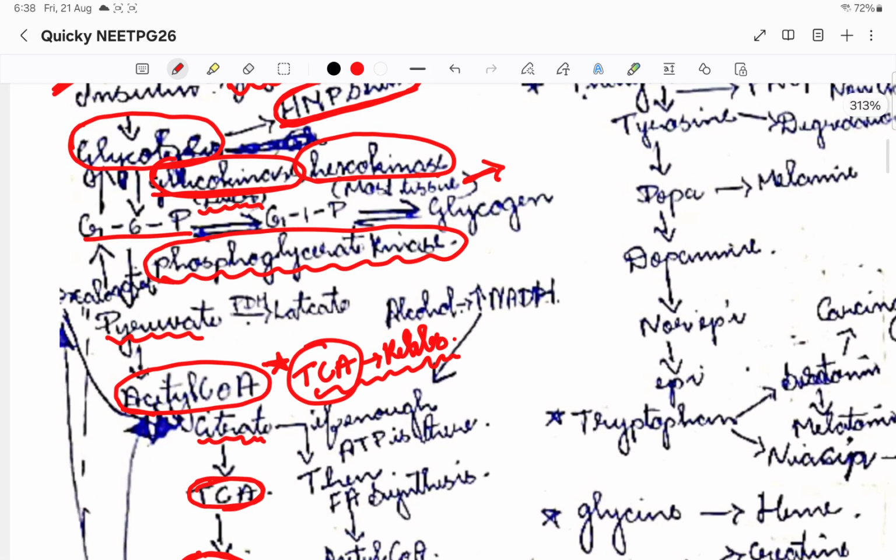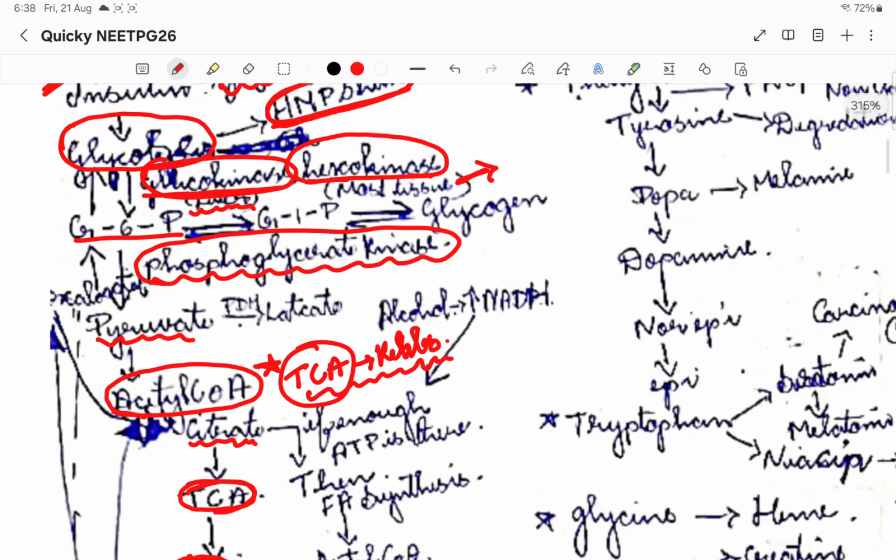Then, suppose glucose 6-phosphate forms and there is too much glucose, and too much energy is also not required. That is when many of the glucose molecules will go and form glycogen in the liver.